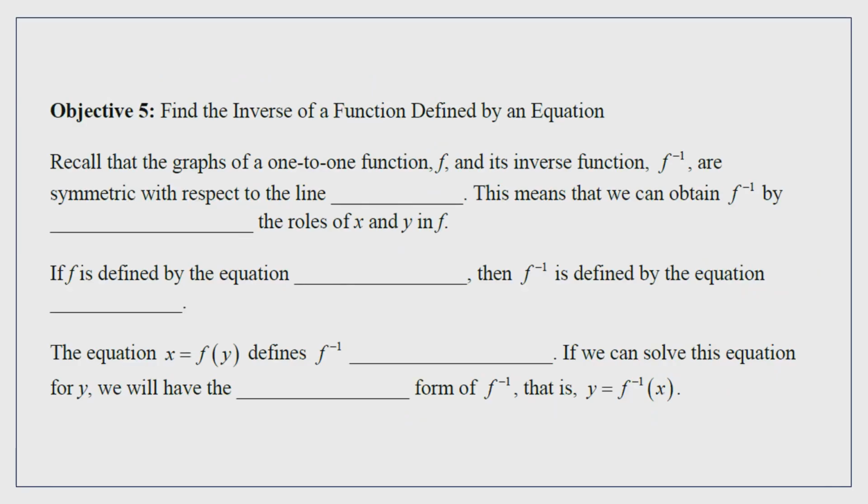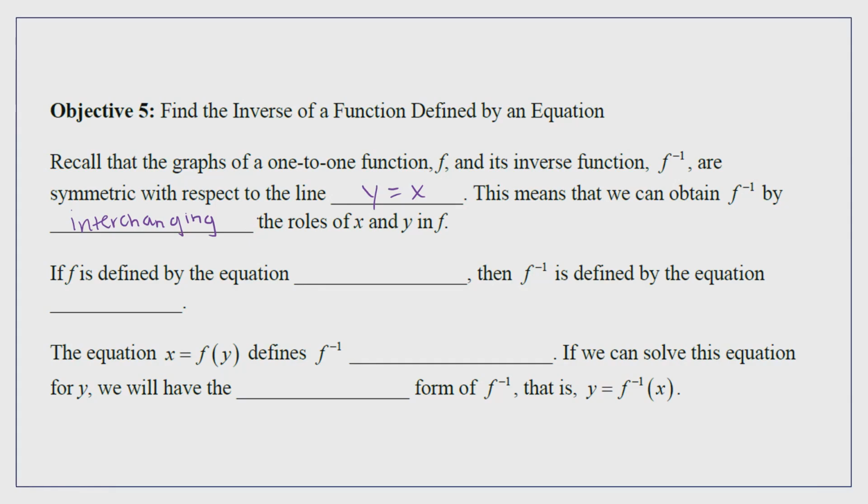Objective 5. Find the inverse of a function defined by an equation. So recall that the graphs of a one-to-one function f and its inverse function are symmetric with respect to the line y equals x. This means that we can obtain the inverse function by interchanging the roles of x and y in f.